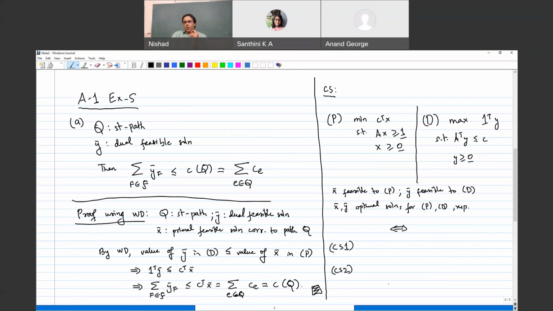We look at a primal constraint. Either the primal constraint is tight or the corresponding dual variable is 0, right? So can someone tell me, looking at these two, what it looks like? What is it really saying?